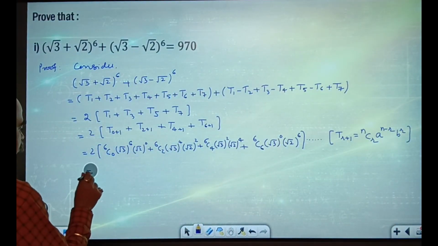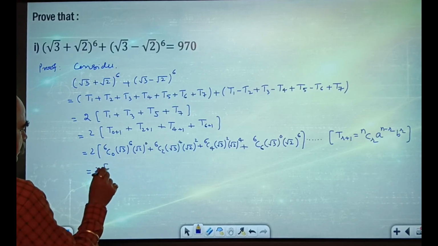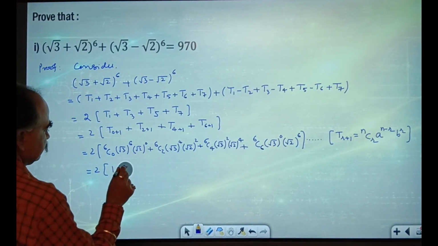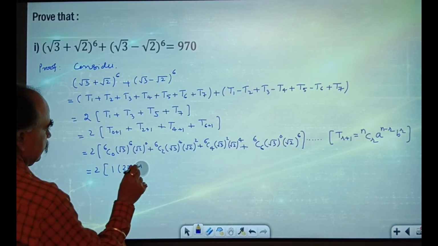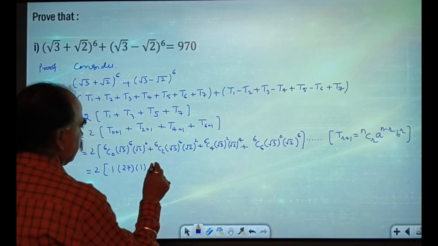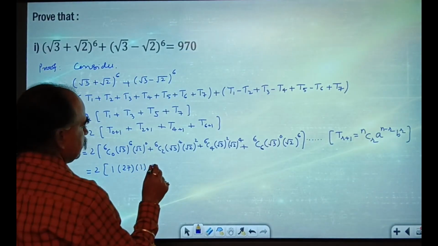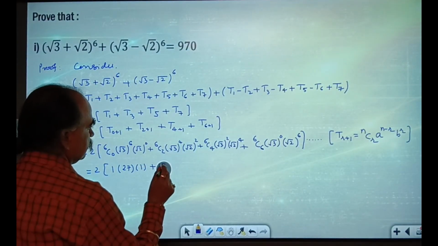Now simplify this. 2 times 1 into root 3 raised to 6 is what? 27 into 1 plus 6C2 is what? 6 into 5 upon 1 into 2, 30 upon 2 is what? 15.